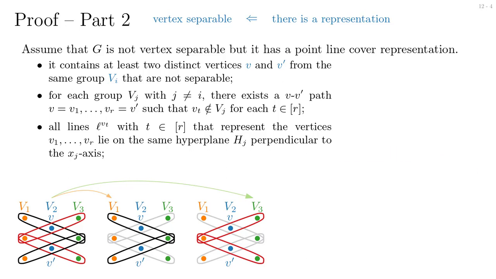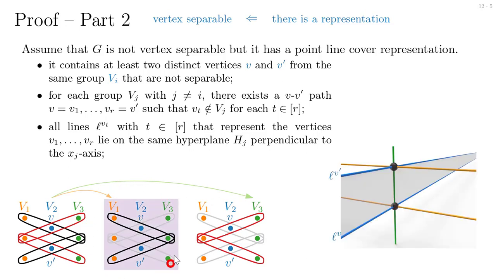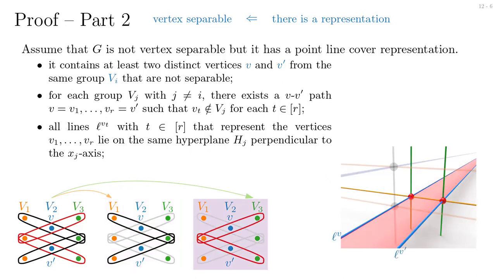In our case, if we consider these pairs between V and V prime, it means that the lines corresponding to V and V prime should lie on the same hyperplane perpendicular to the first axis. But from these pairs, the lines LV and LV prime corresponding to these two vertices should lie on the hyperplane perpendicular to the third axis.